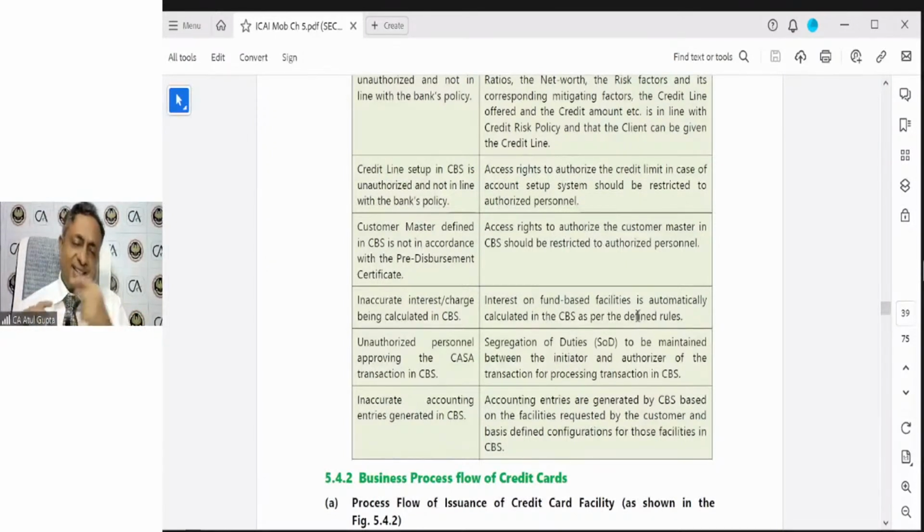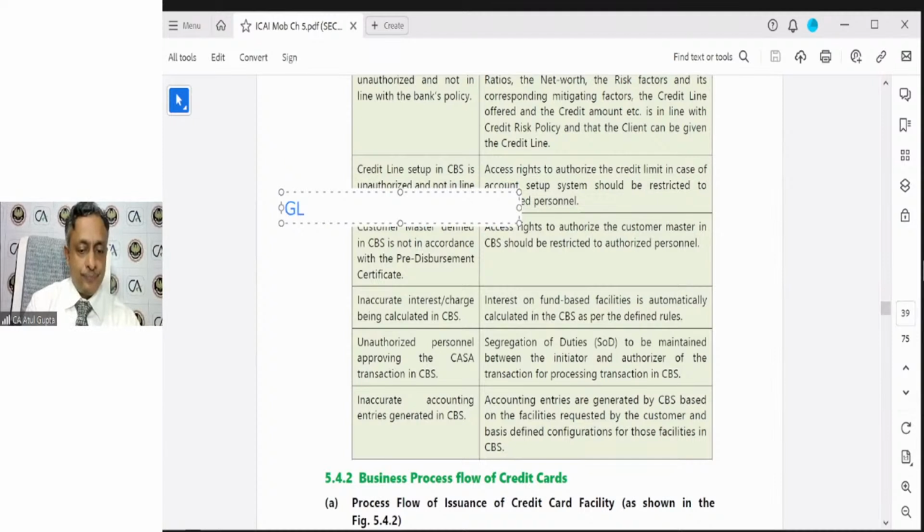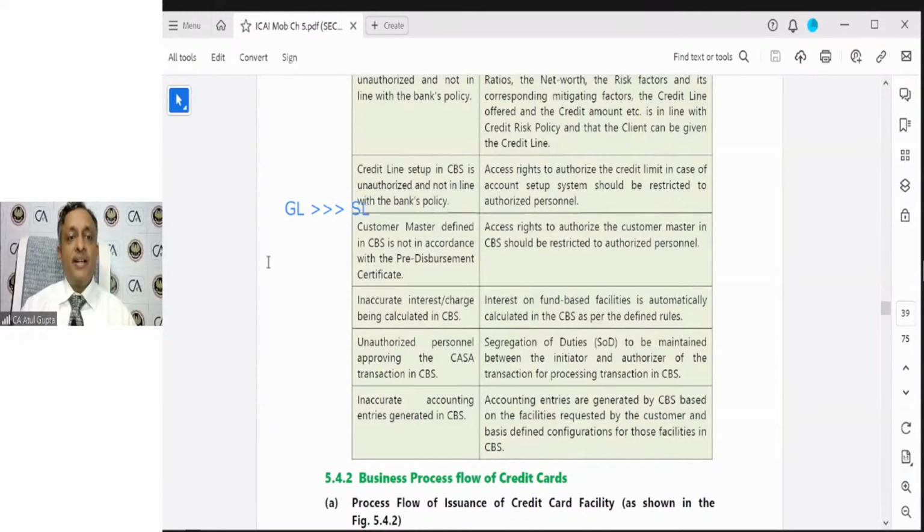Inaccurate accounting entries: yes, this is going to be generated when your mapping is not correct. Mapping means your transactions. We have talked about this in earlier discussions also. Banks work on a system of GL and SL, general ledger and subsidiary ledgers. So banks work on these systems.